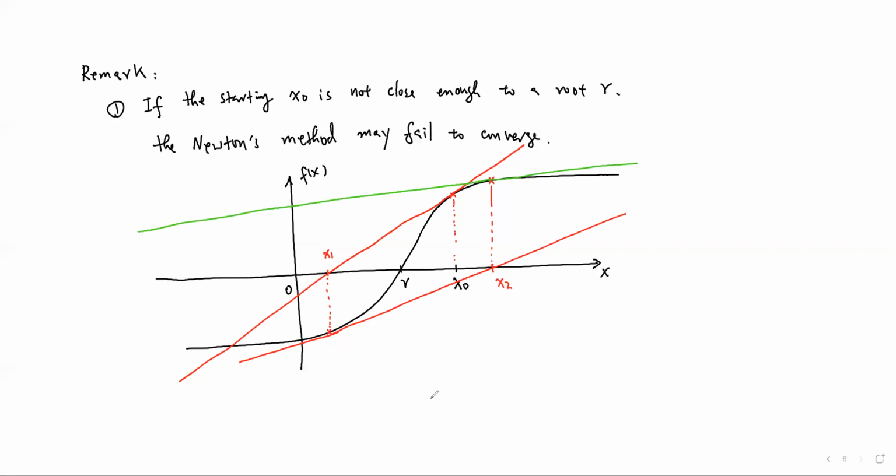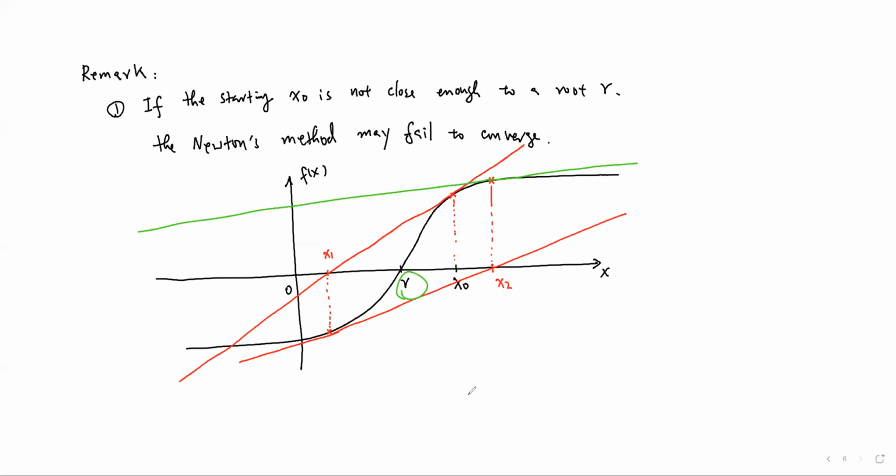The tangent line intersects the x-axis at a point very far from the root. So if the function looks like this, and if x0 is chosen not close enough to the root, Newton's method doesn't converge. In practice, we don't know the root, so of course we don't know how close x0 is to the root.